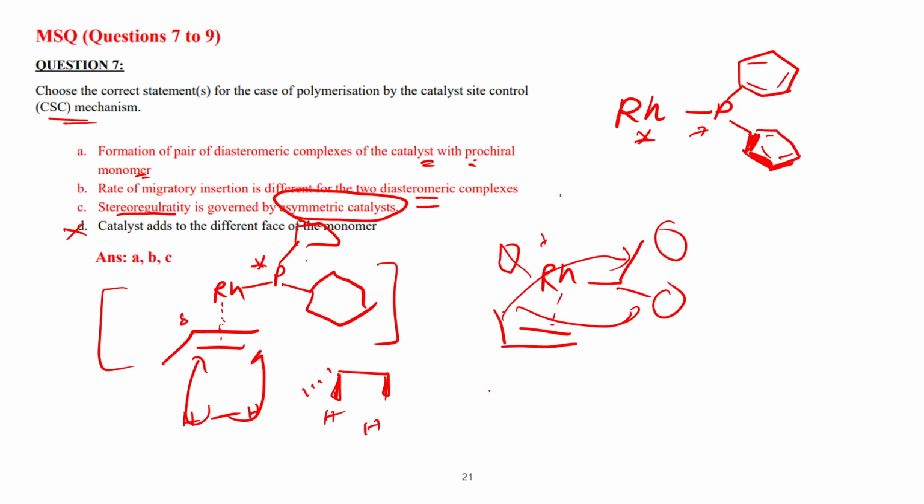So here this is why we are discussing, if we discuss one particular space then you can decide from where it is coming, but the concept you just try to understand. So the formation of this pair is a little bit not that much feasible for this case because here you have some interaction, as here we have some chirality in the catalyst. So diastereomeric complex formation with prochiral monomer.